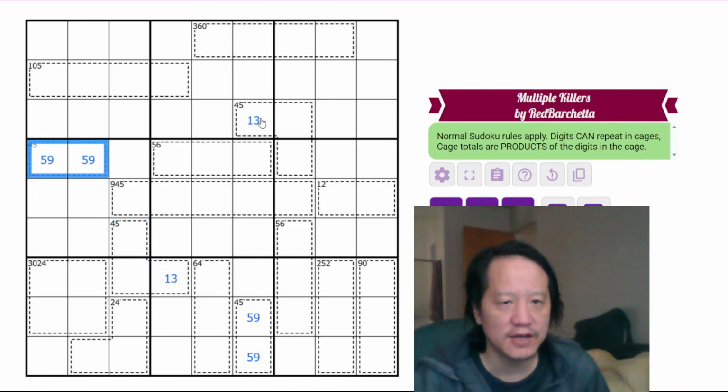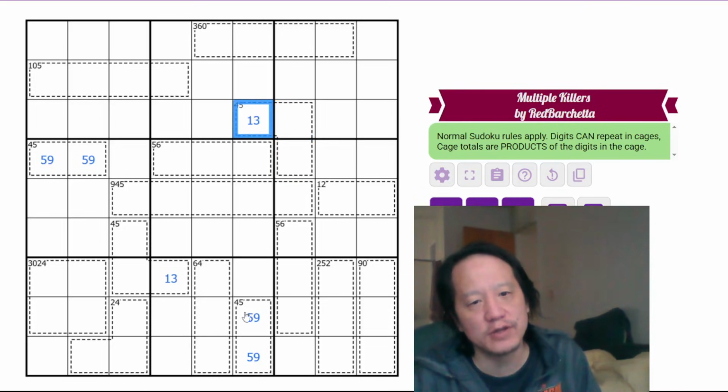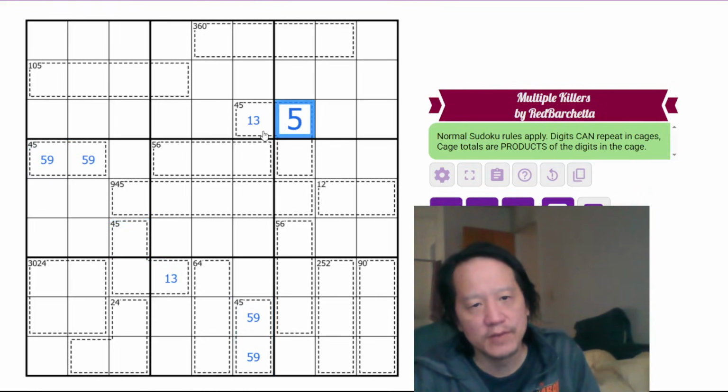Because of that, I think it has to be 3, 5, and 3. We need a 5 to multiply to 45 because it's divisible by 5. 5 can't be here because of the 5, 9 pairs in the row and the column, or in each box. So I think this has to be 5, and this can't be 9 in either place, so this is 3 and 3. So same with here, 5, 3, and 3.